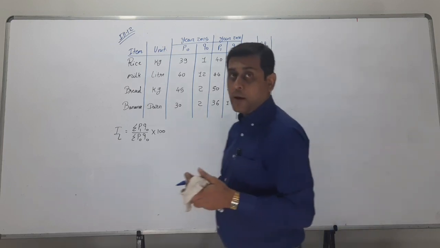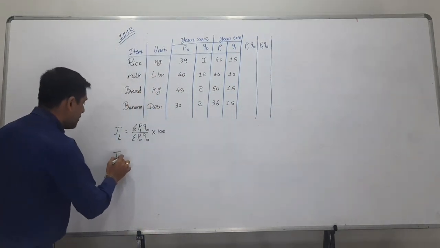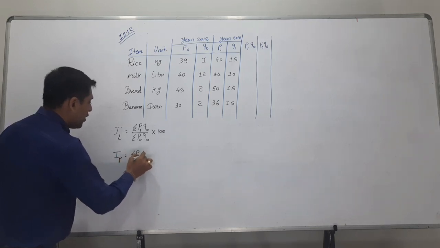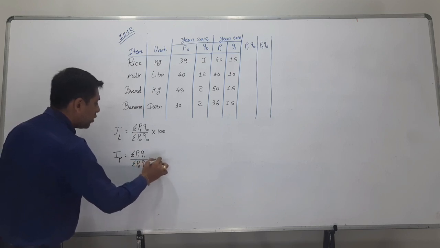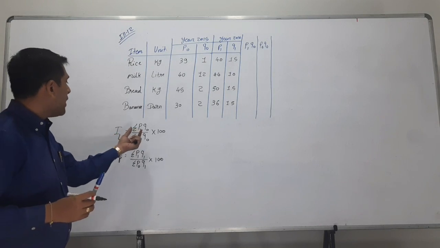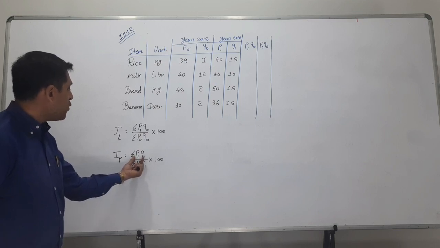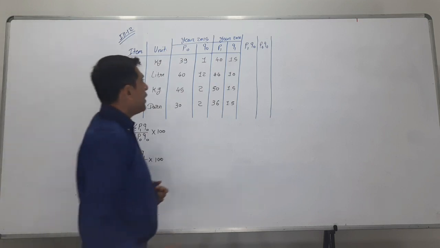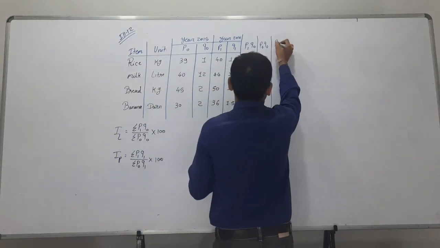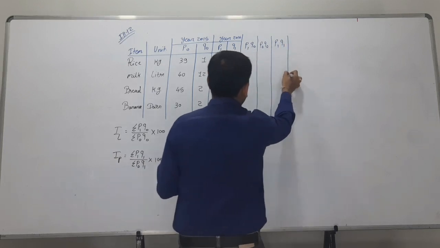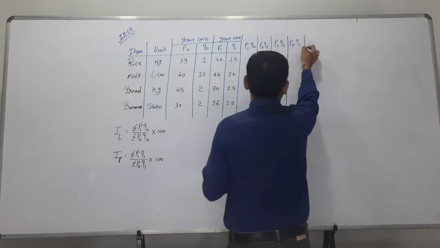Then what is the formula for Paasche? See here, I am writing the formula: IP is equal to sigma P1 Q1 upon sigma P0 Q1 into 100. So first of all I am writing these two columns, P1 Q0, then P0 Q0. Now for Paasche I have to prepare a P1 Q1 column, and the next column is P0 Q1.